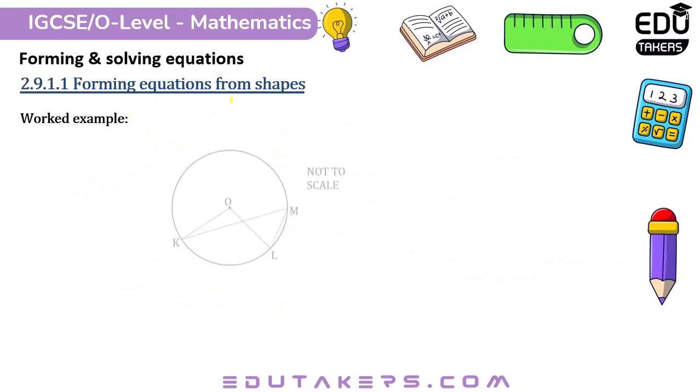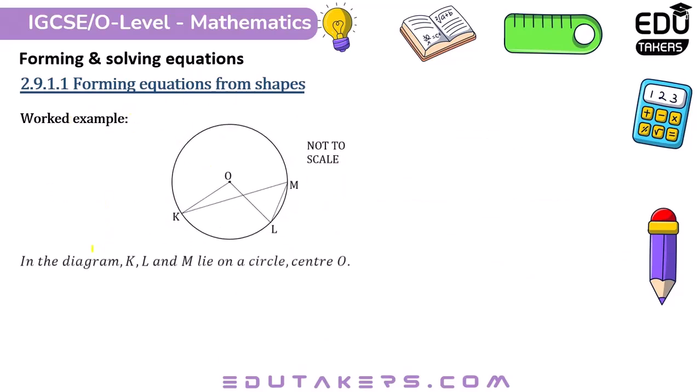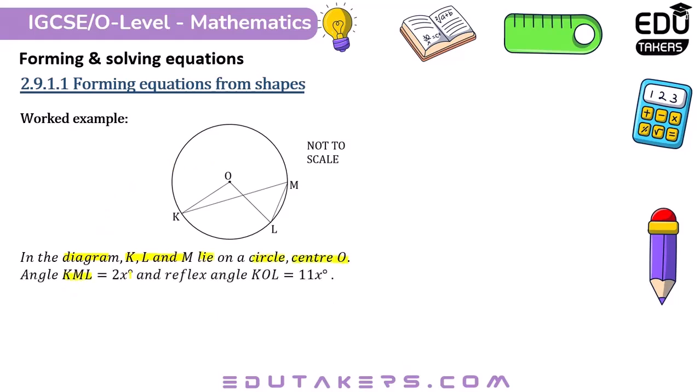Worked example. In the diagram, K, L and M lie on a circle, center O. Angle KML is 2x degrees and reflex angle KOL is 11x degrees. Find the value of x.